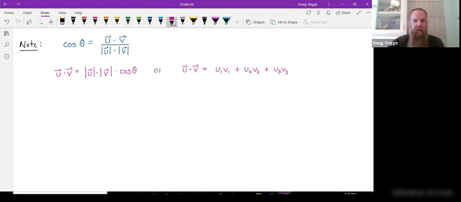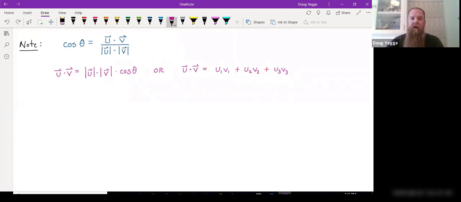So it turns out that these are both interchangeable. They mean different things. If we have the two vectors, then I could find the dot product in this way. But let's say I don't have the two vectors, and instead I have their lengths and the angle between them. Well, then I could use this formula to find the dot product instead.